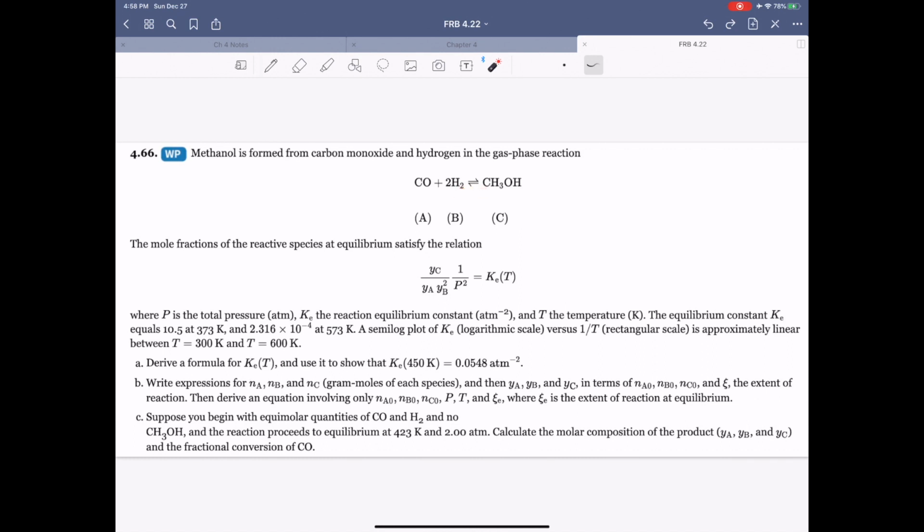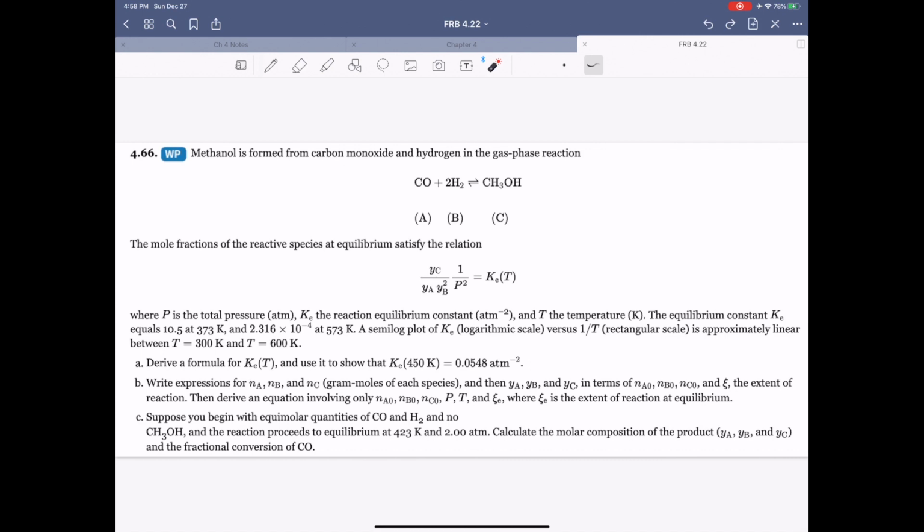Now, the mole fractions of each of these species are related by an equilibrium constant, and that relationship is defined here, where each of the variables is defined in the text. The problem statement tells us some information about the equilibrium constant.